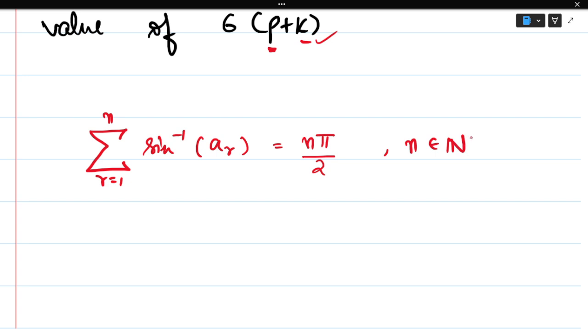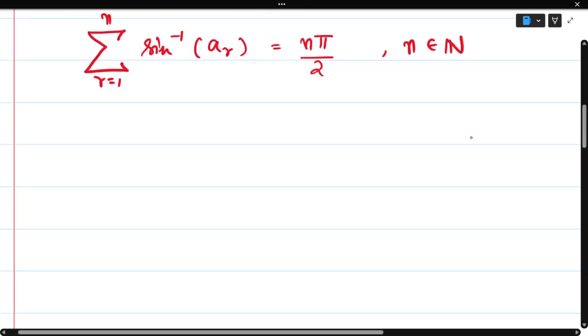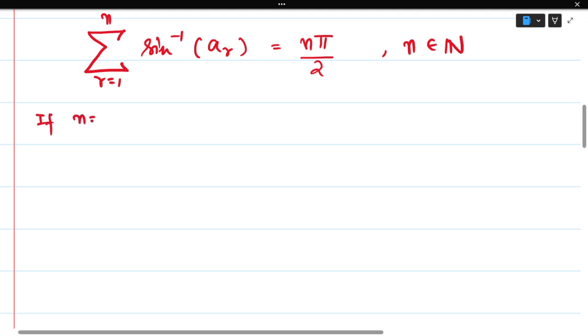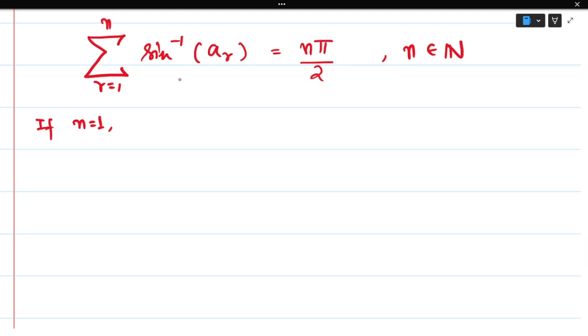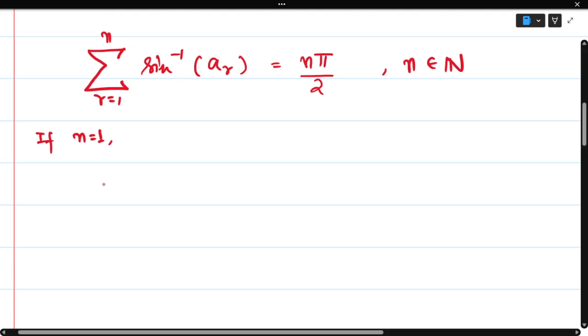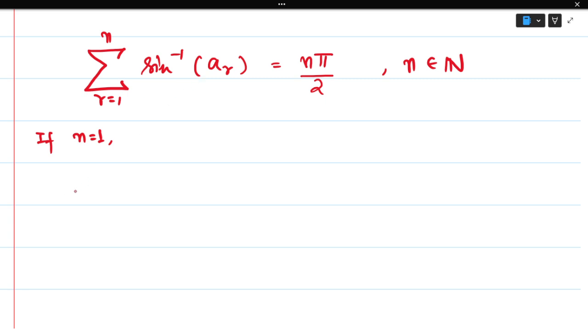So if we observe the pattern, what pattern? If n is 1, it means r equal to 1 to 1, so it is the function itself. So when n is 1, we have r as 1, so it means sine inverse a1 is pi by 2.